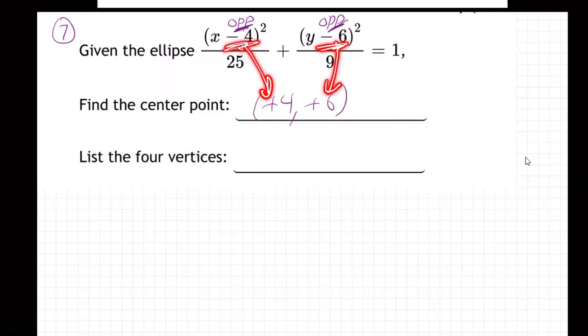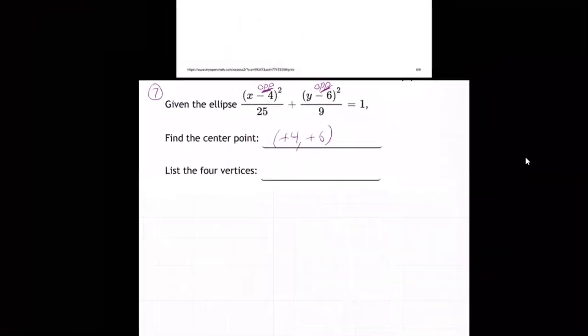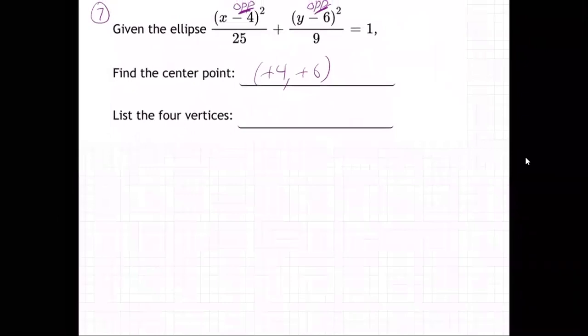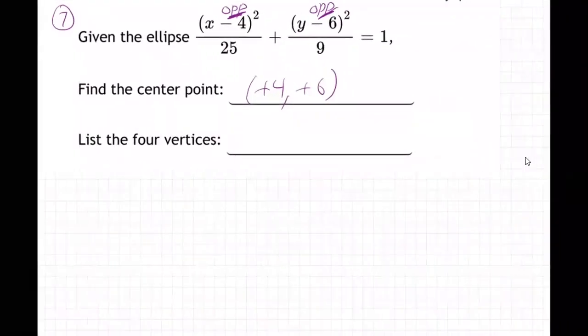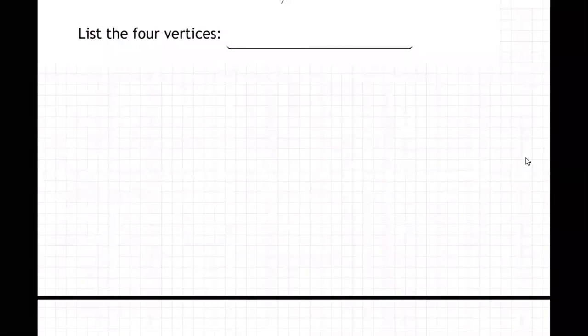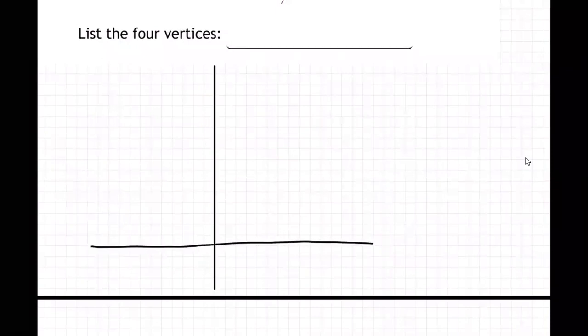And now let's graph it a little further. So bring down a graph here. So we need to go right 4 up 6. Okay, so I'm going to make a graph.